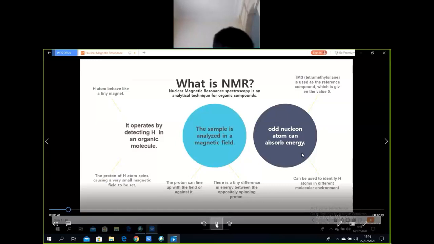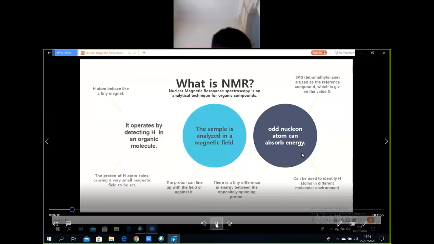The nucleus of a hydrogen atom consists of a single proton. This proton can spin. The spinning motion of the positively charged proton causes a very small magnetic field to be set up. In NMR, we put the sample to be analyzed in a magnetic field.